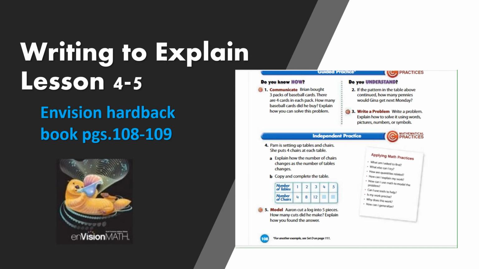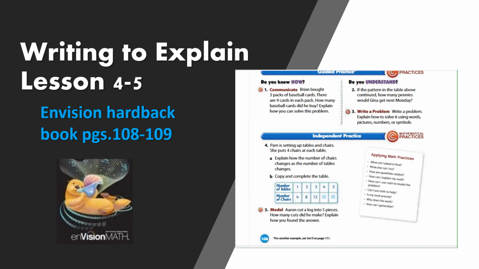So, Brian had 12 baseball cards because if you have 3 groups of 4, then you can use addition to add 4 plus 4 plus 4. If you were to draw, for example, a bar diagram or even a model, you can see that you would get 12 baseball cards.